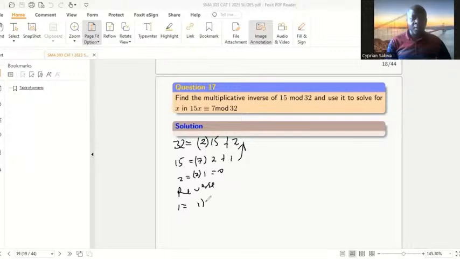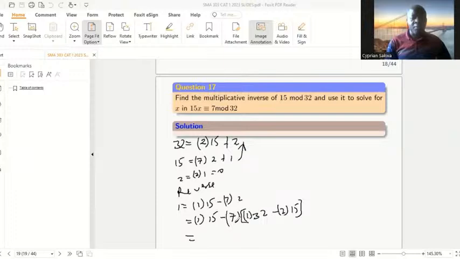And this will be 15 minus 7 multiplied by 2. Instead of 2, we write that 2 is 2 minus 2 raised to 2. Collect like terms.